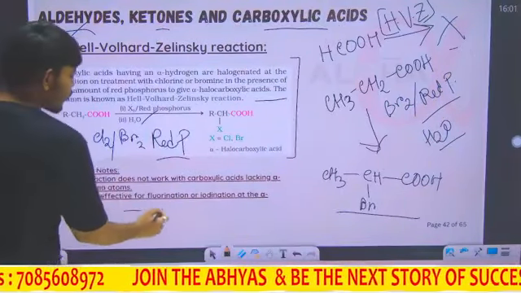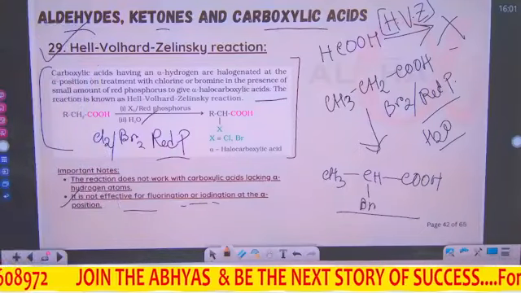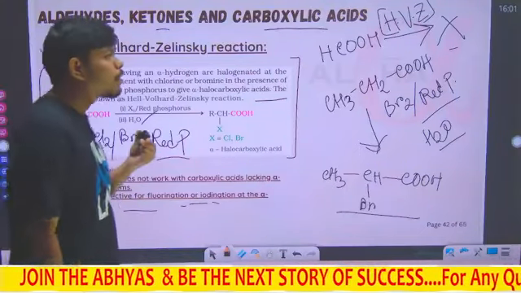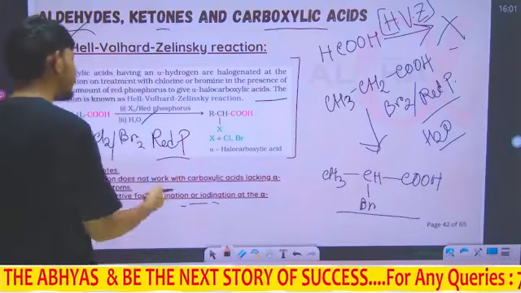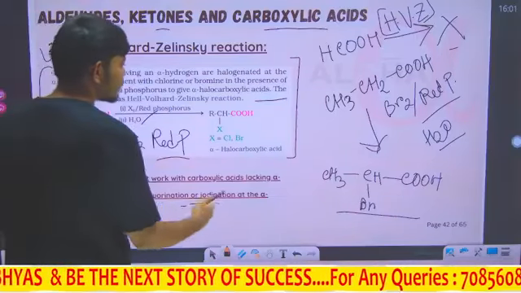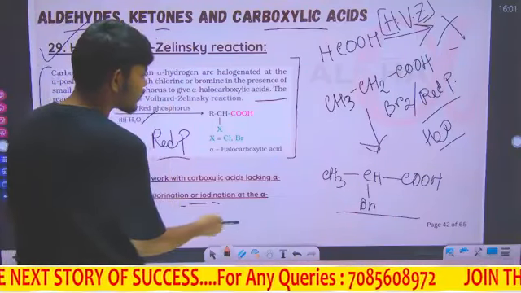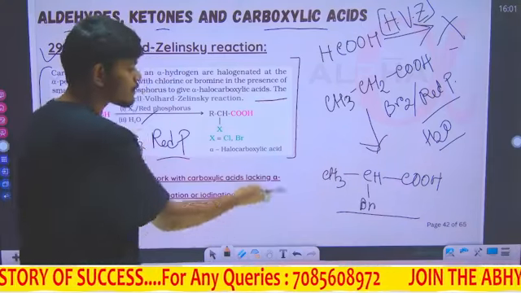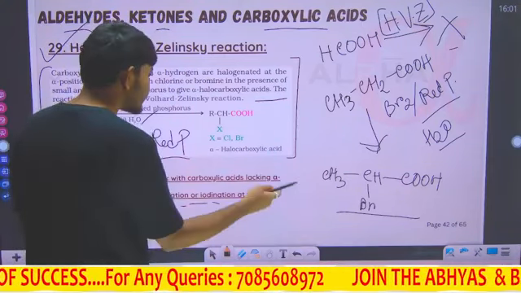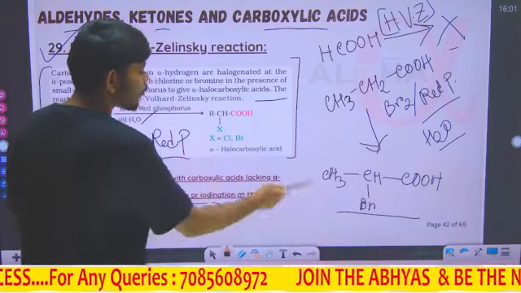It is not effective for fluorination or iodination at the alpha position. Why not? Fluorine is highly electronegative, so instead of adding up, it will react and literally oxidize, breaking the carbon bonds and forming a carboxylic acid.